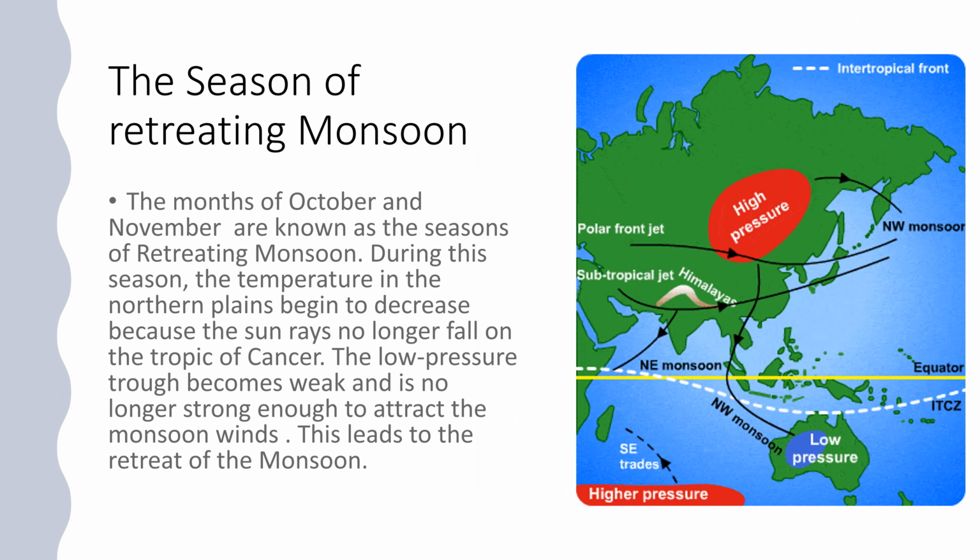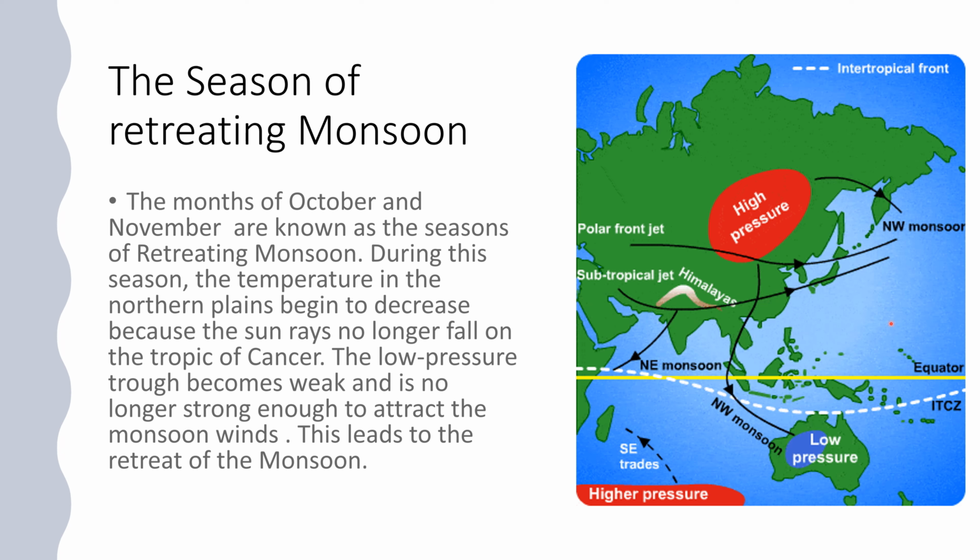Let us now learn about the season of retreating monsoon. The months of October and November are known as the season of retreating monsoon. During this season, the temperature in the northern plains begins to decrease because the sun rays no longer fall on the Tropic of Cancer.